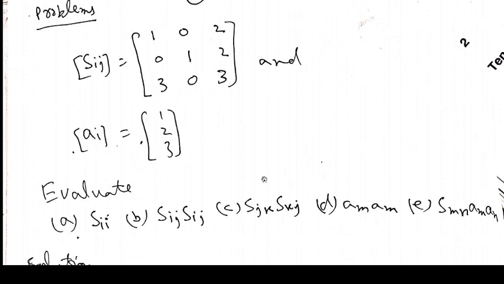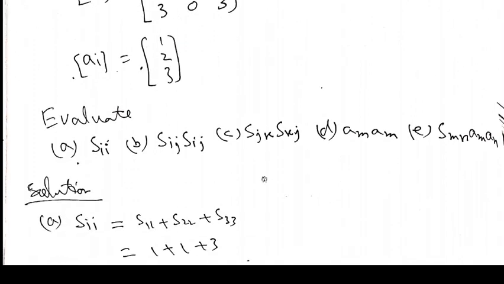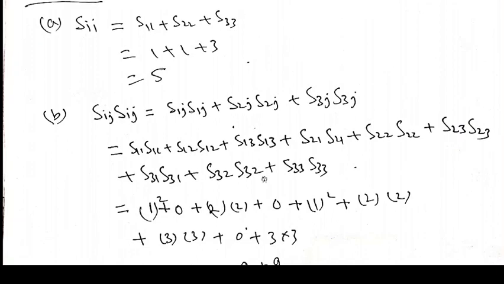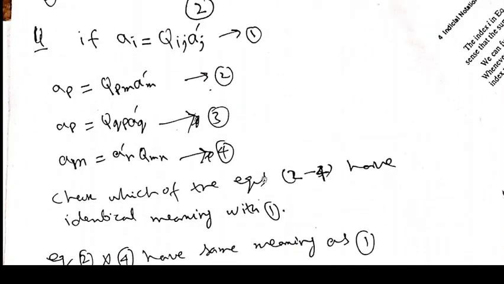Now again we have a question. This question says that AI equals QIJ AJ dash.